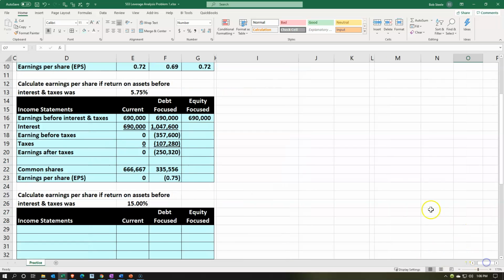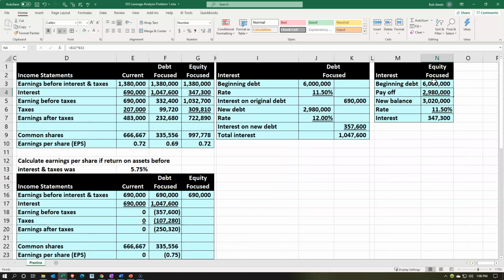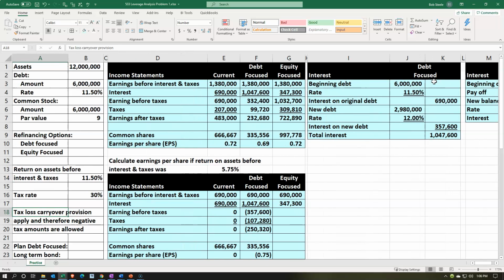We used that to pay off the debt. So this is what the debt was. We paid off this amount of it. This is the new debt at that 11.5%. So the amount of interest now has gone down because we're financing with equity as opposed to the debt. And that's going to give us the 347.3.